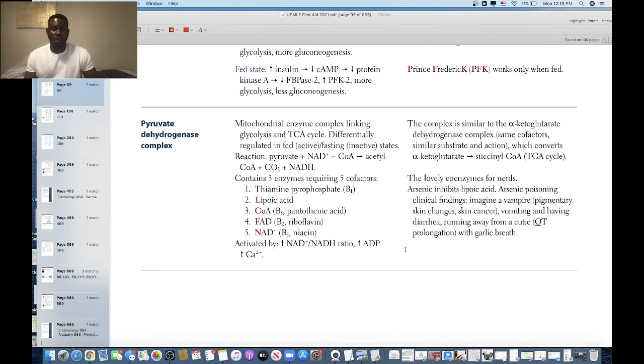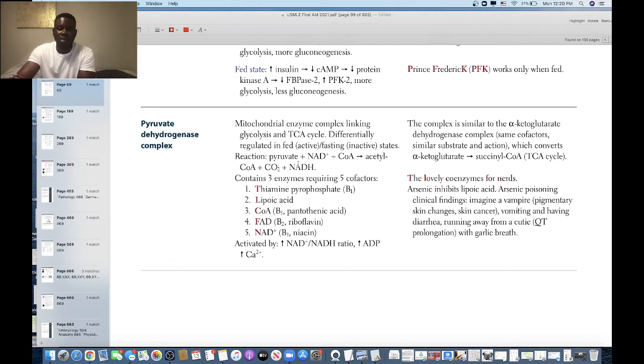Pyruvate dehydrogenase complex. In the previous video, we talked a little bit about the pyruvate dehydrogenase complex, whereby we said we have a lot of dehydrogenases, and one of them is the pyruvate dehydrogenase complex. It is a mitochondrial enzyme complex linking glycolysis and the TCA cycle, and it is differentially regulated in fed or fasting states.